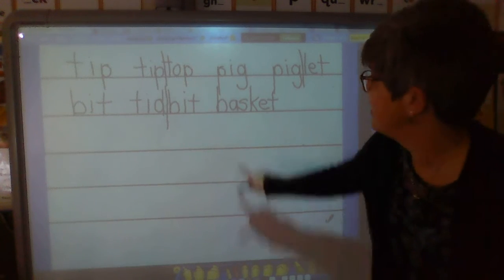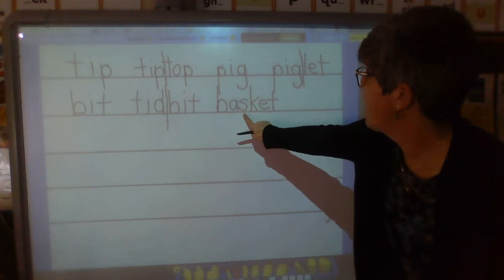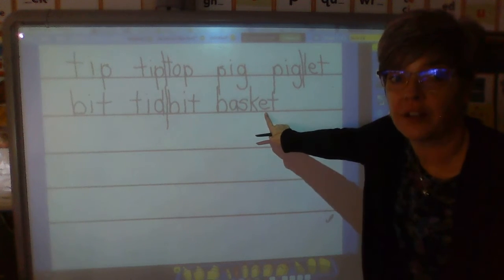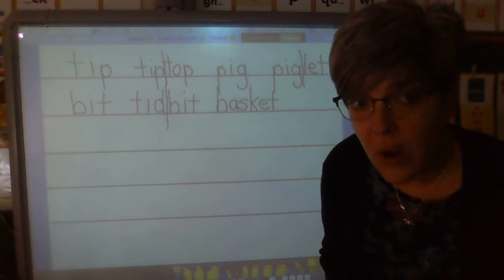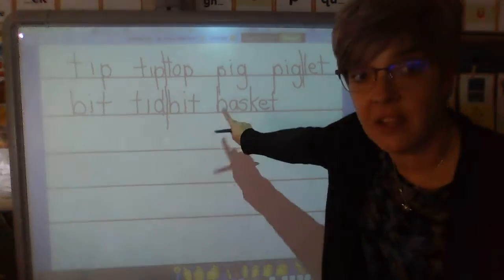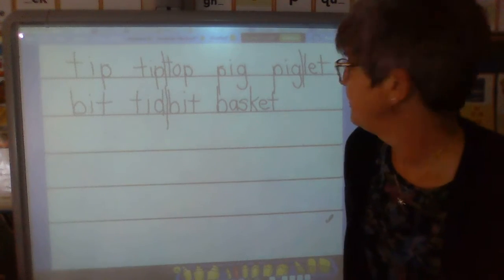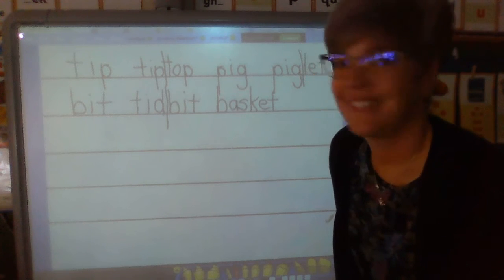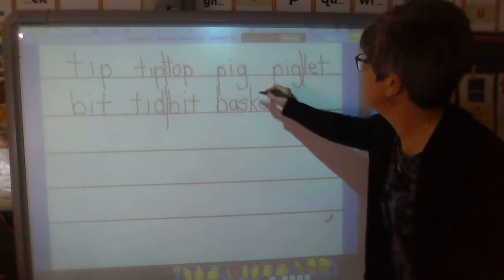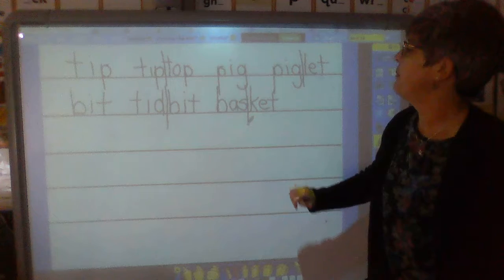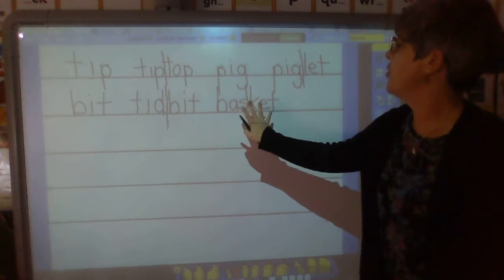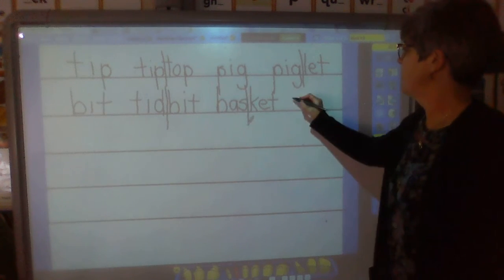You're right, it does. It has the vowel, consonant, consonant, vowel pattern. Okay, next question. Where would we draw the line to divide basket into two syllables? You're right again, between the S and the K. Good job. Two syllables, they're both closed syllables.